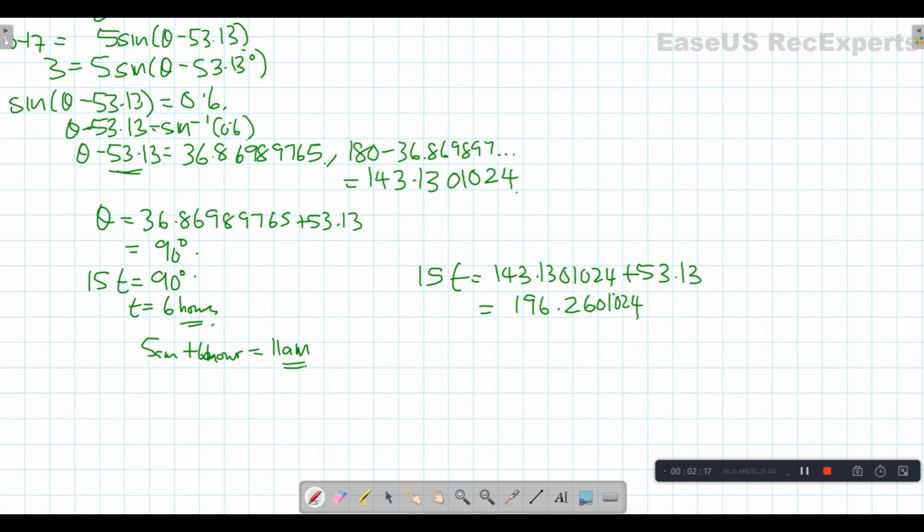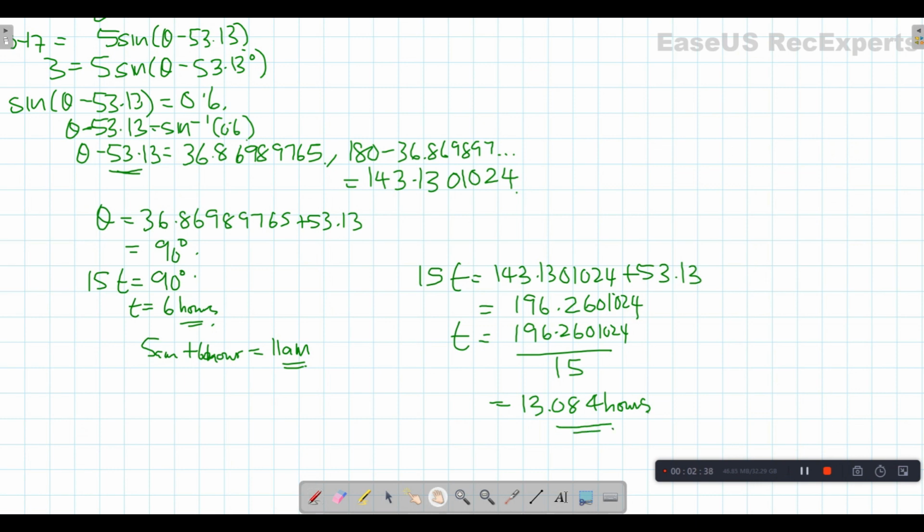Okay, so divide this by 15, so t equals 196.26011024 divided by 15, and the answer that I got was 13.084 hours.